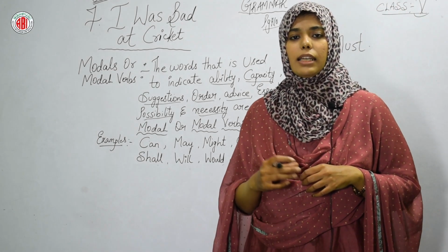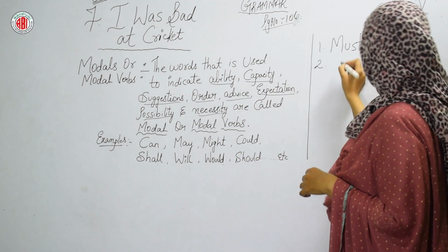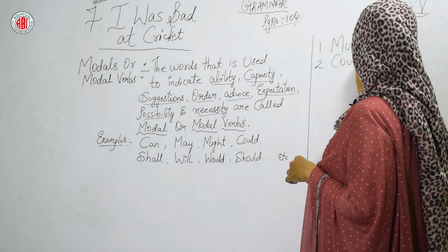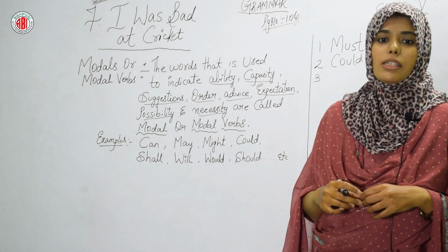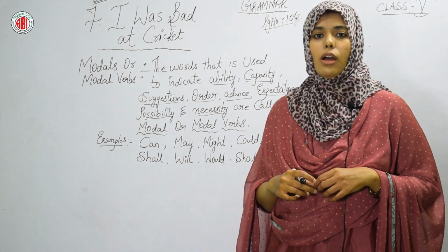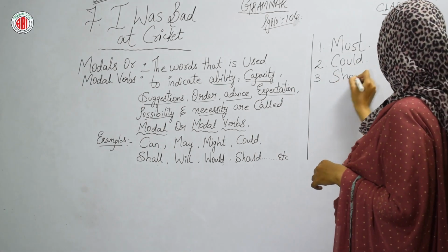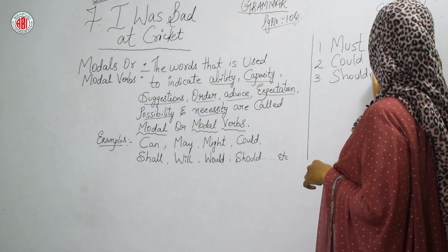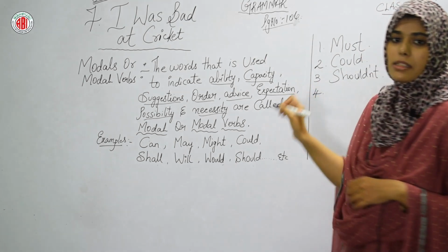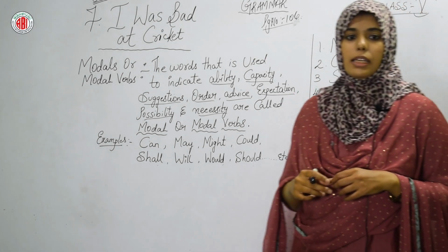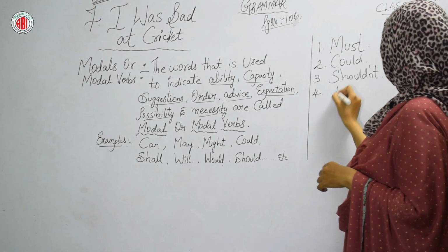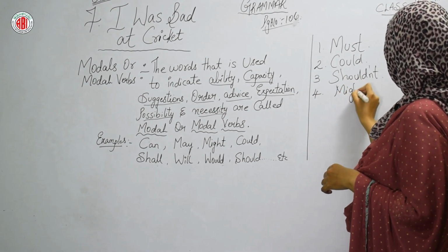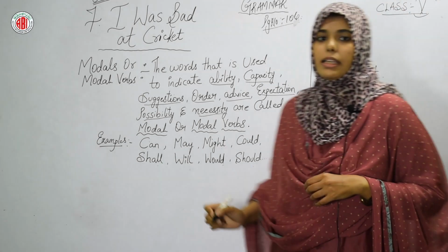Another underlined word here is could. The third one is I was just under the ball, I should not miss. The fourth one is now it might come true. Might is another word which is underlined in the sentences.